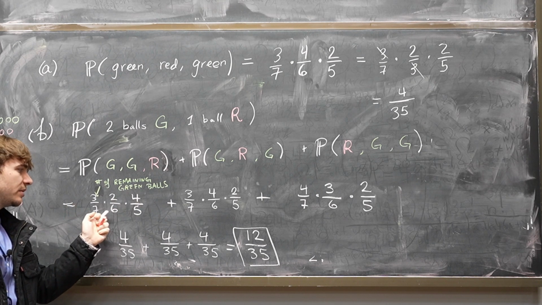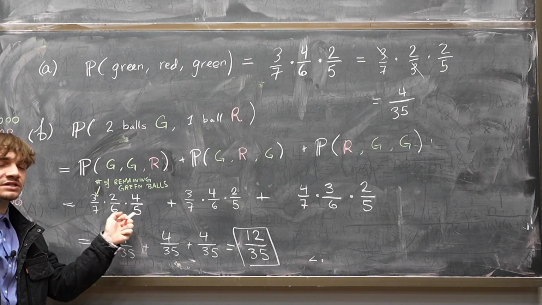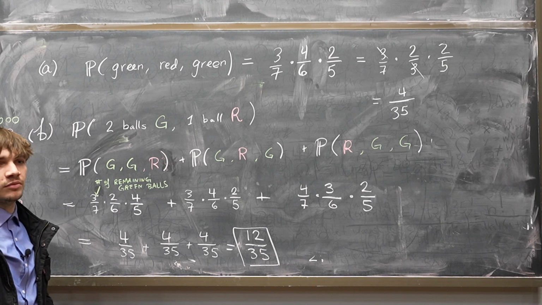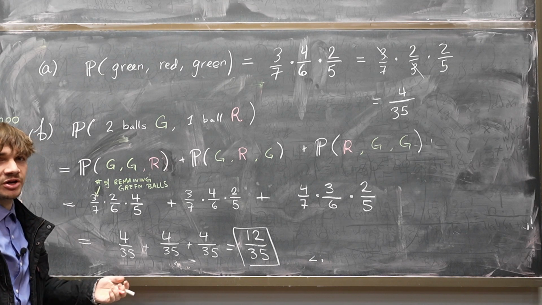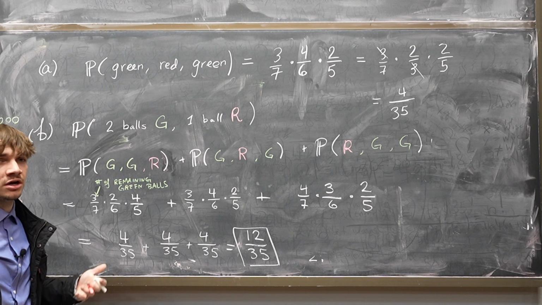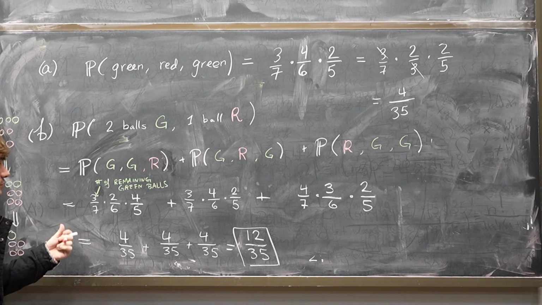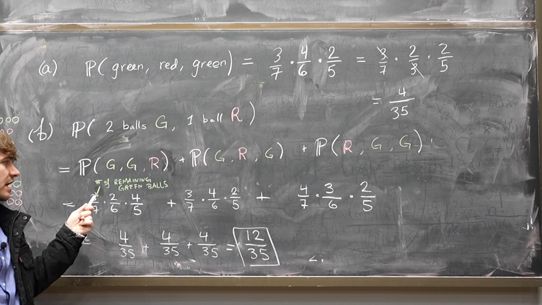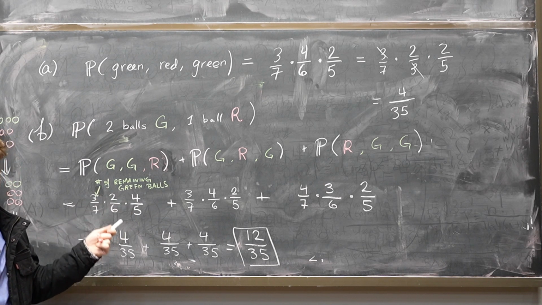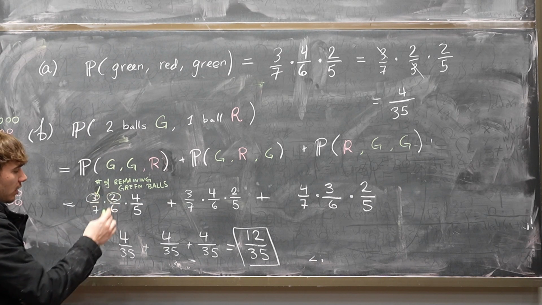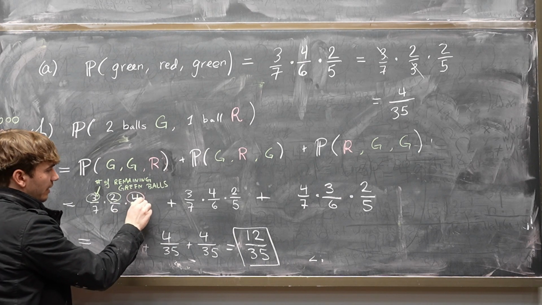And the denominators are always going to be 7, 6, 5 because this is just the nature of the count of the experiment itself. The experiment itself is always going to reduce the total number of balls from 7 to 6 to 5. And so the numerators here just care about the number of remaining balls of a specific color. Now this is the number of remaining green balls, and then the 4 is the number of remaining red balls.